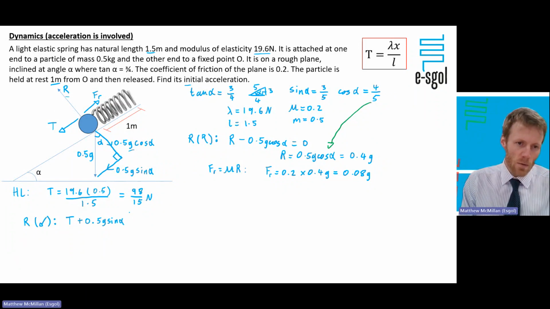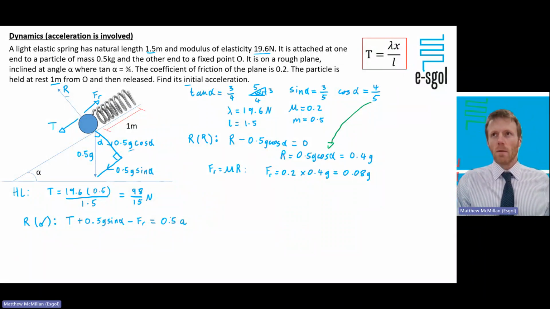Pulling us back up, we have the friction, and that must equal the mass, 0.5, times the acceleration. And the acceleration is ultimately the thing that I'm trying to find.